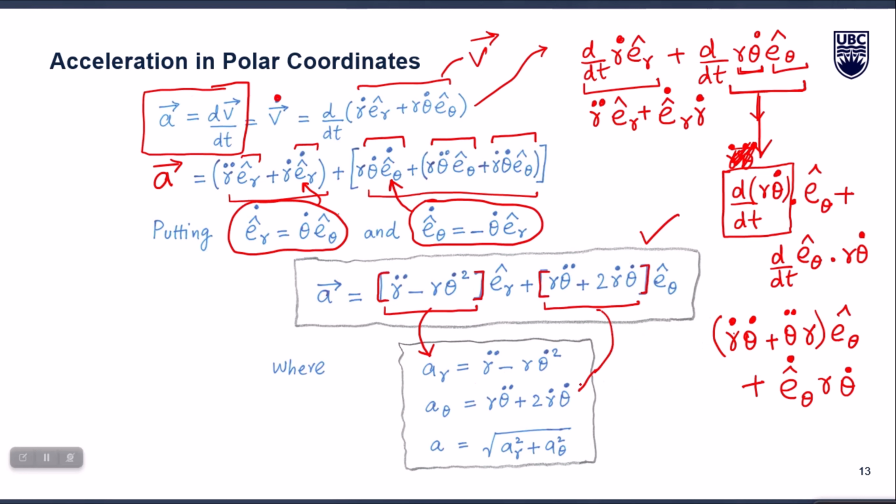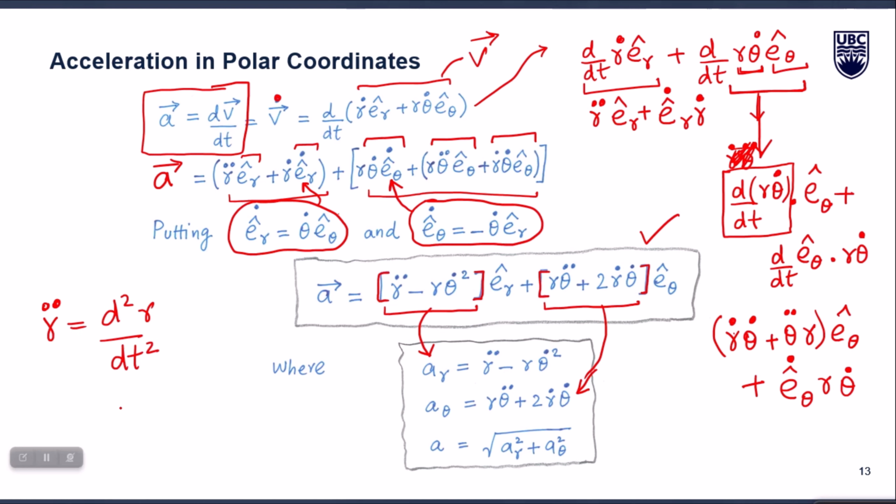So now you can see that unlike velocity, we have relatively complex equations for A sub r and A sub theta, and they require double derivatives, like the second derivative of r and the second derivative of theta, right? So r double dot is required to calculate A sub r, which is d2r by dt square.